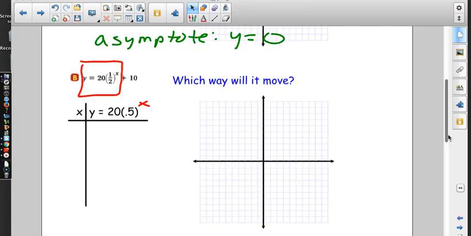Let's talk through your first step with your partner. Was this one decay or growth? Okay. Decay, got 1/2. So a few more negatives would be good. Not so many positives. So maybe like -3, -2, -1, 0, 1, something along those lines.